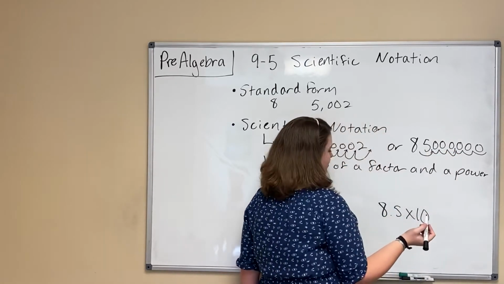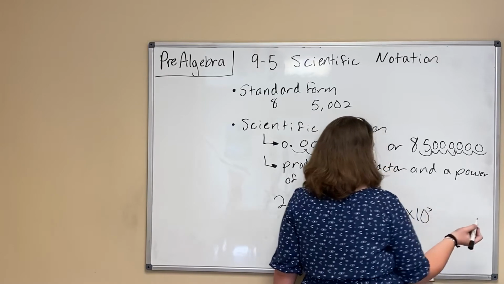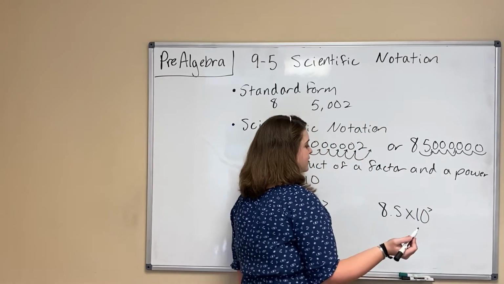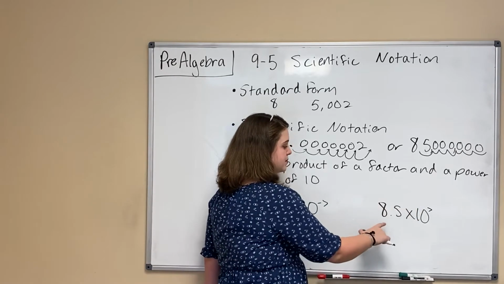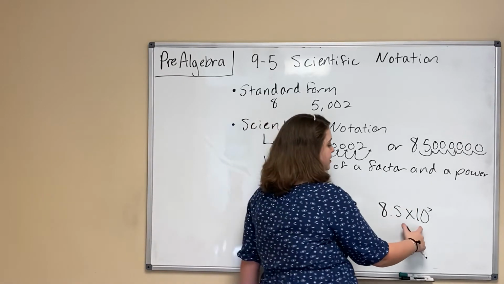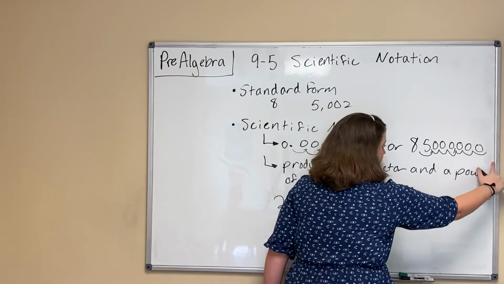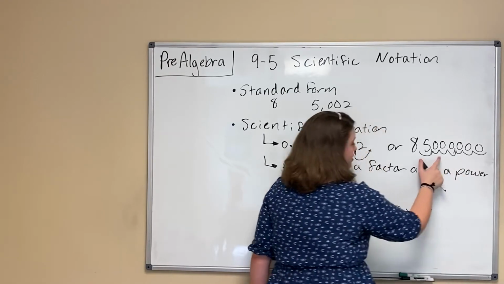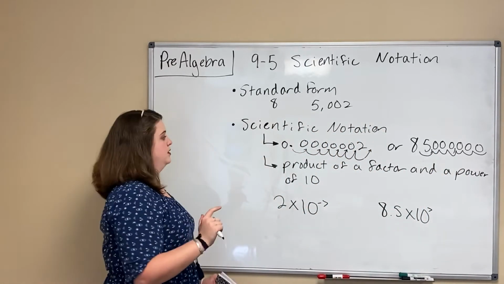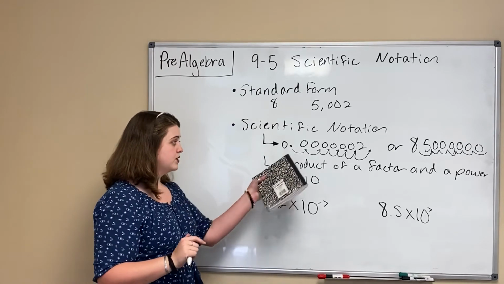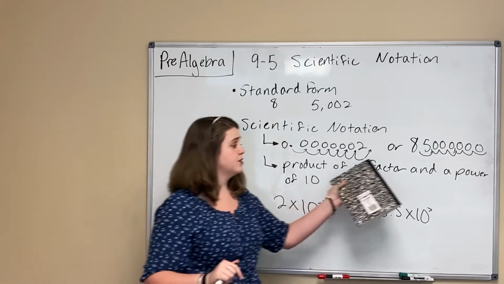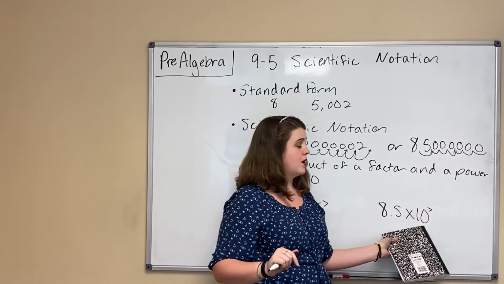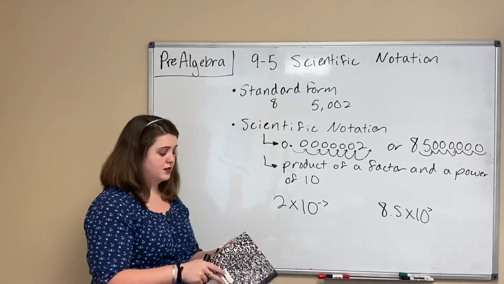Oh wow, they were both 7. Now this is a positive 7 because I'm saying 8.5 times 10, 7 times. So adding 7 zeros would give us our real number. The first one is a small number, so I was dividing by 10. This is a really big number, so I'm multiplying by 10.